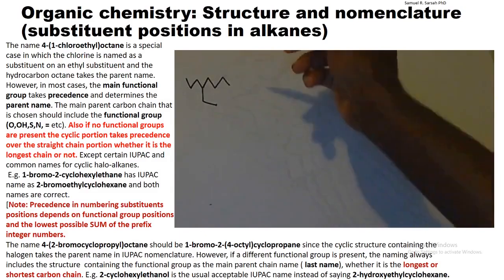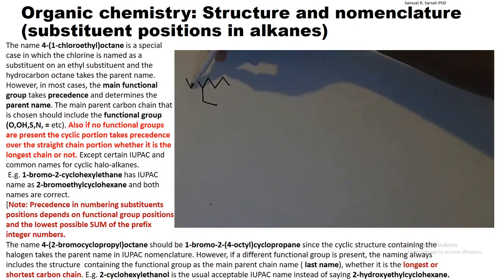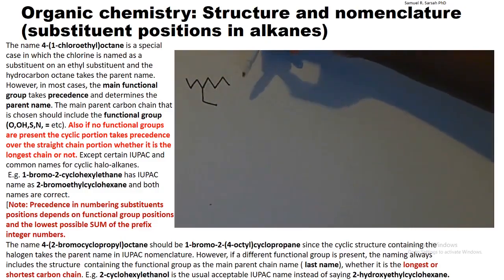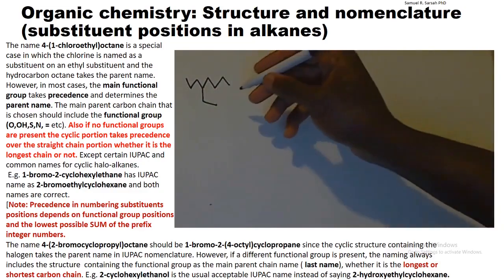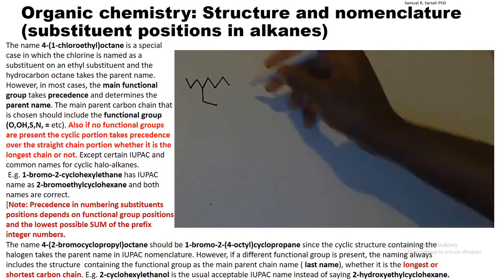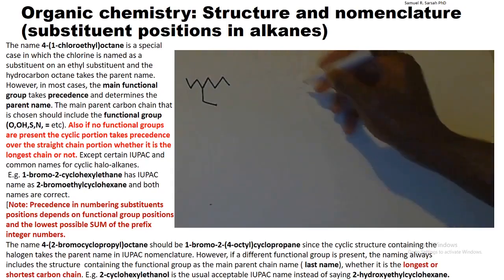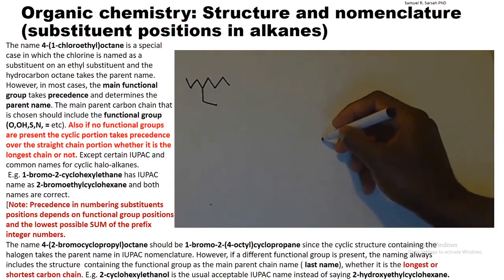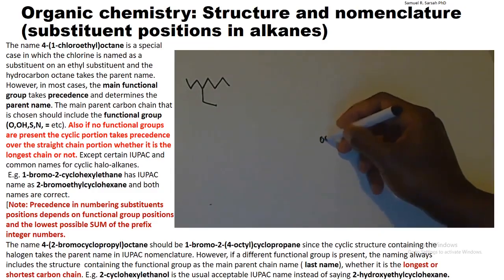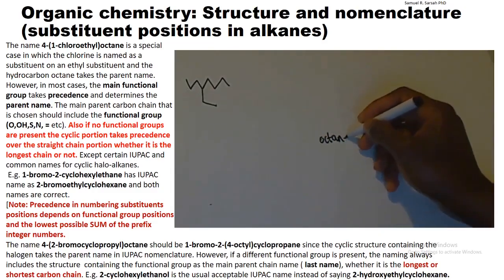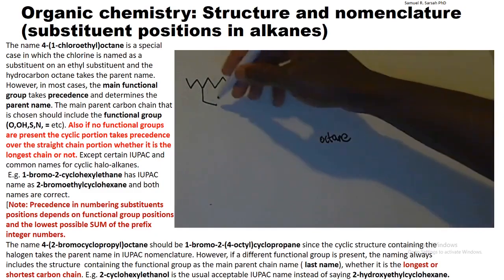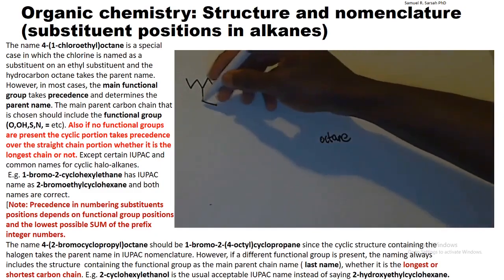Okay, let's number this 1, 2, 3, 4, 5, 6, 7, 8. So the parent is octane. And it's coming off of here, this ethyl-type group.